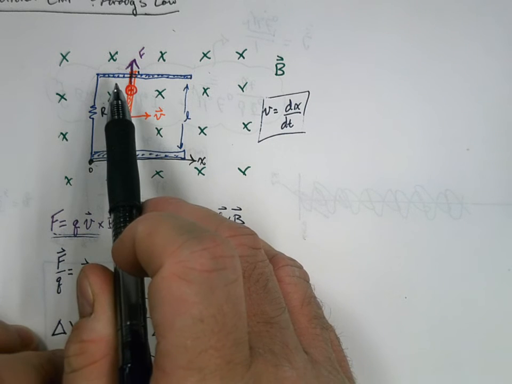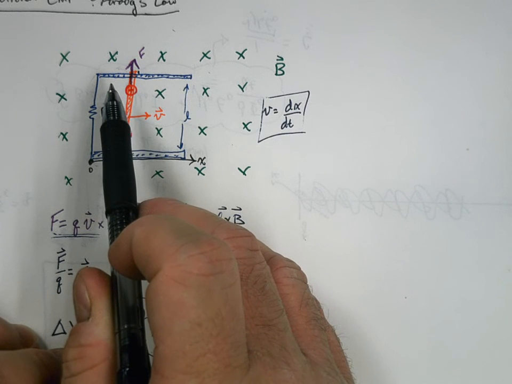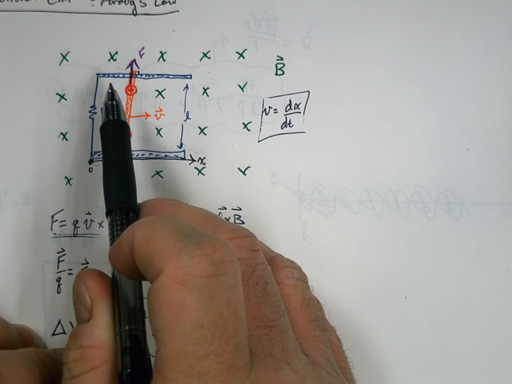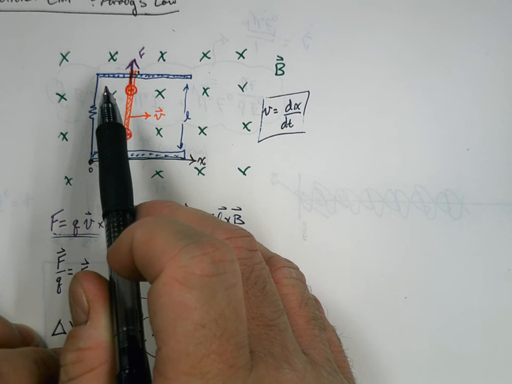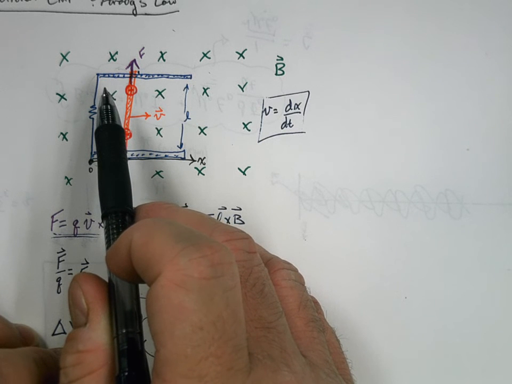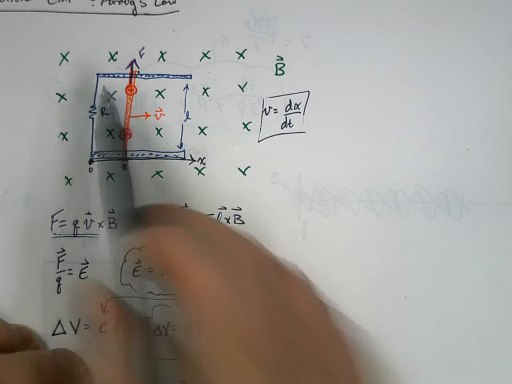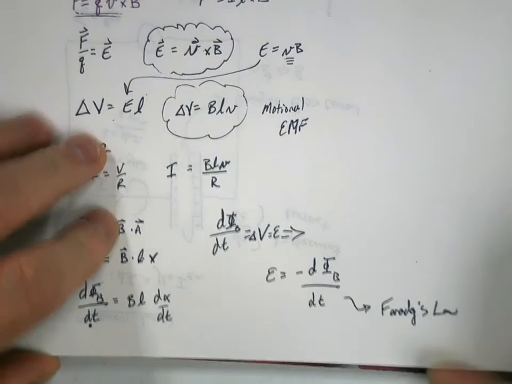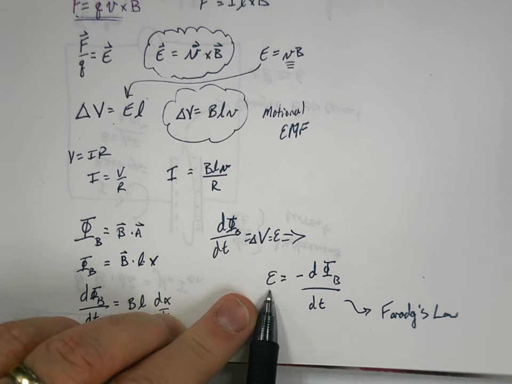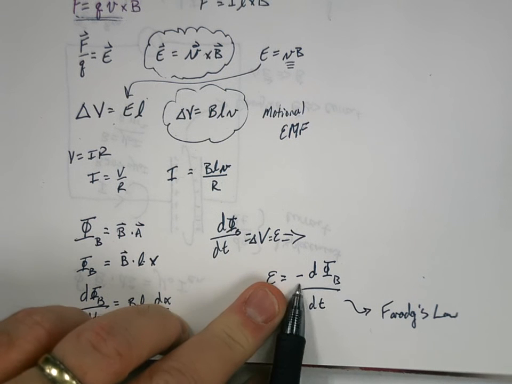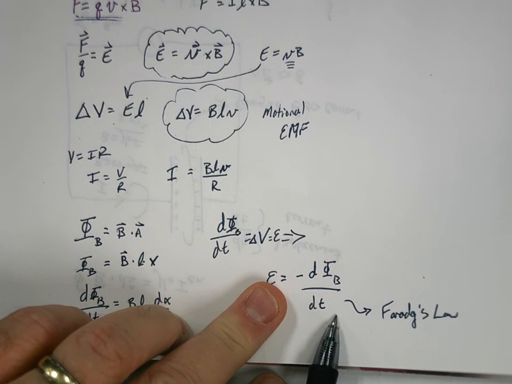Current is counterclockwise, but that creates a magnetic field in the opposite direction. That's where the negative comes from. The electromotive force will result in opposing the change in magnetic flux that was used to create it. That's Faraday's law.